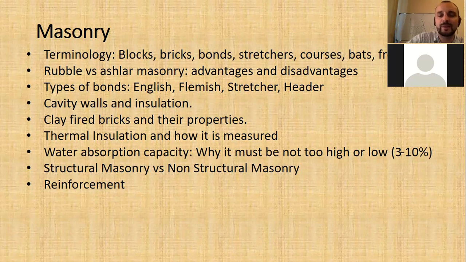We also talked about how reinforcement is becoming a very big thing in masonry, because a masonry wall has no shear strength, tensile strength or flexural strength on its own. It's just good in compression.